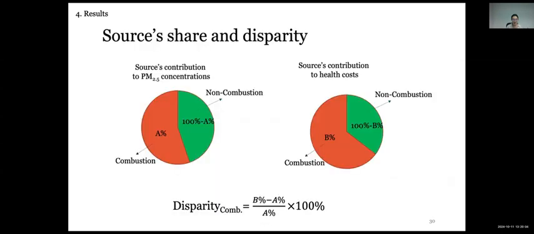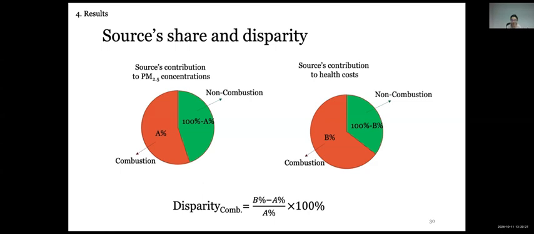And then I wanted to emphasize that in this study, we observed some disparities between the source contribution to health costs and source contribution to PM concentration.